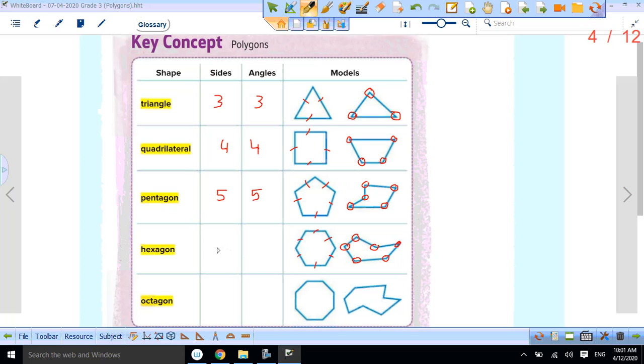It is called a hexagon. This figure has 8 sides and 8 angles. It's called an octagon.